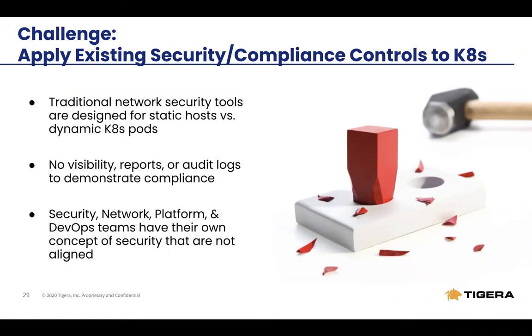They could be belonging to the same tenants or even different tenants, but they will be sharing various levels of the underlying infrastructure, the EC2 instances and other resources. So that's the main challenge.